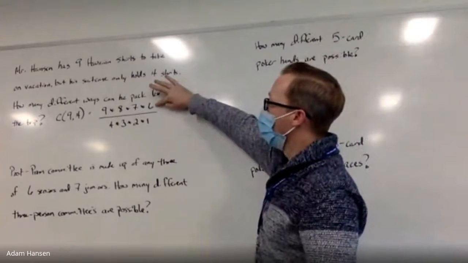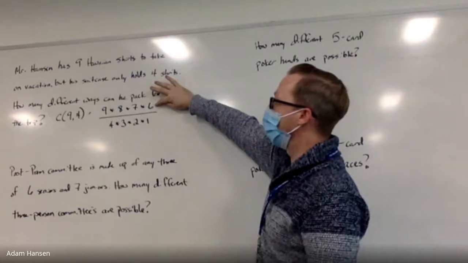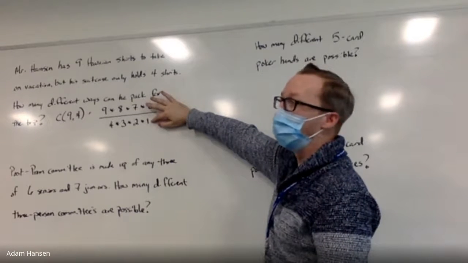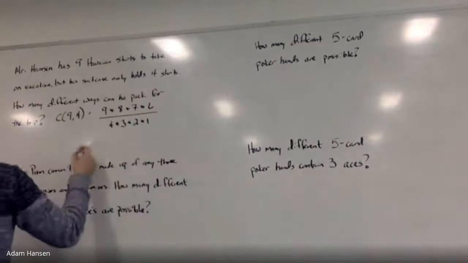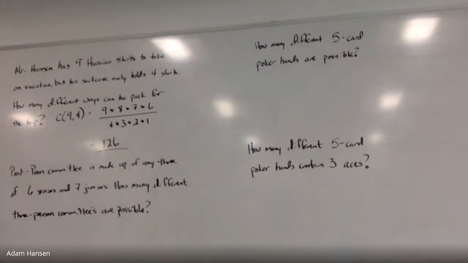Here's how many ways in total there are for a permutation of 4 things from 9 different objects. But I don't want to count the same different combinations more than once. So divide by an extra 4 factorial. 126. Does that sound logical? Does that sound reasonable? Good. Okay. Let's try some more.